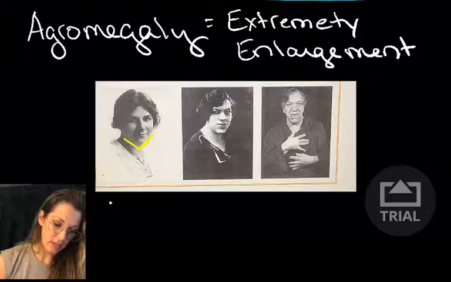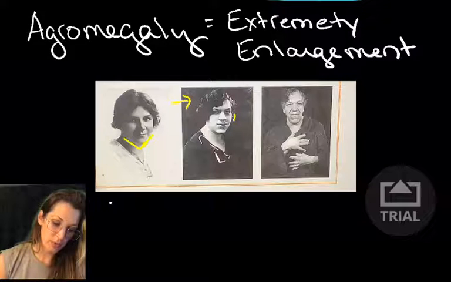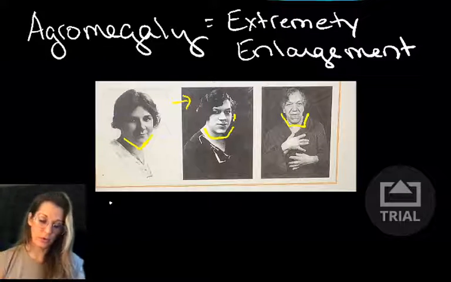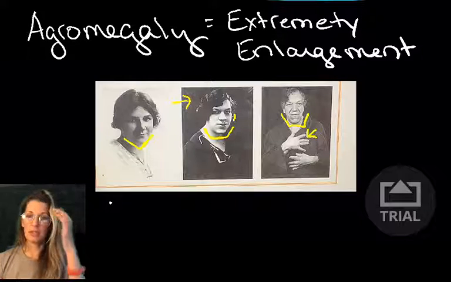As she ages, during adulthood, we see that her cheekbones are becoming larger, her chin is becoming larger, her nose is becoming larger. And then as she ages, we continue to see that growth. This image is also showing her hands, but we couldn't see that in the earlier pictures.